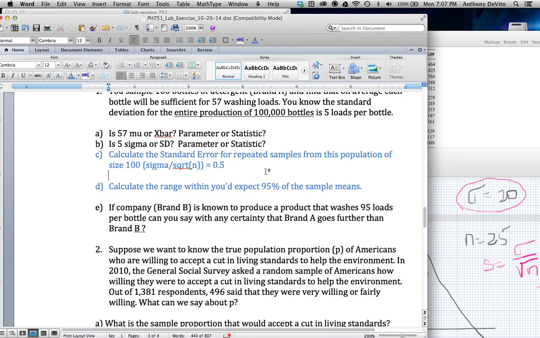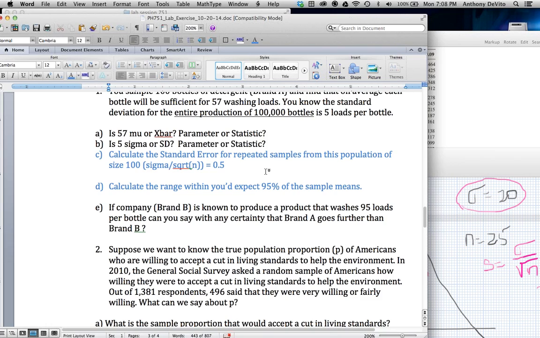So what's our mean? It was 57, right? At least that's what our sample suggested. So we expect that 95% of results are going to be between 56 and 58 washes for a sample of 100. Okay, what if the sample size had only been 25? What would the standard error have been then?